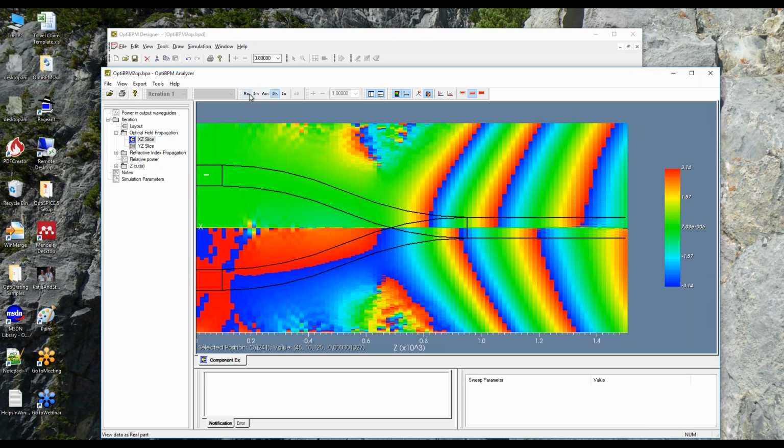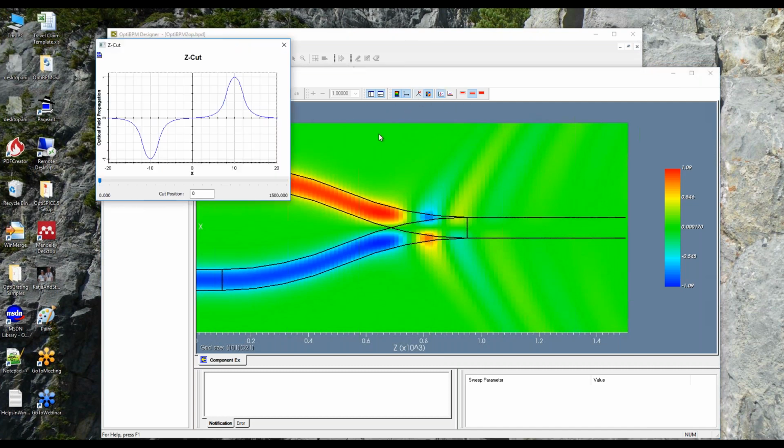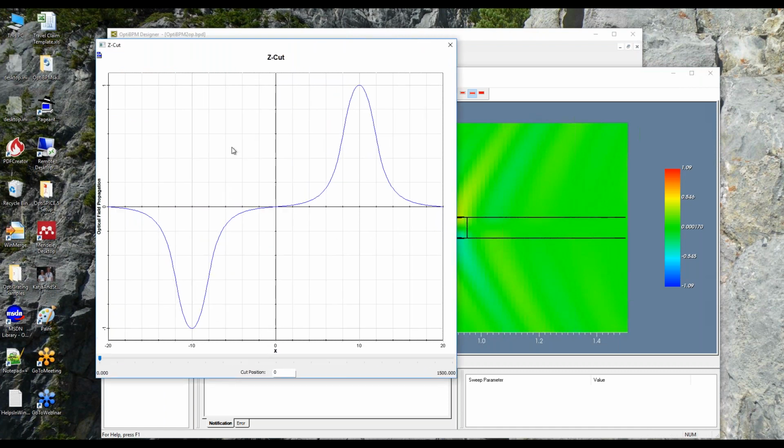It's even more instructive if you look at the real part of the envelope function. The real part is positive on the upper waveguide, and because it's the opposite phase in the lower waveguide, it's negative. And so plus and minus, they don't mix very well.